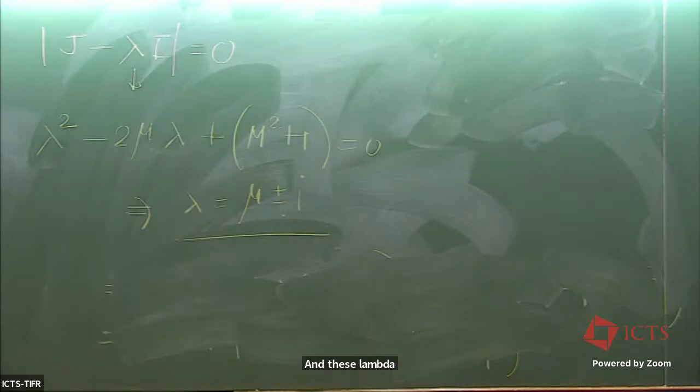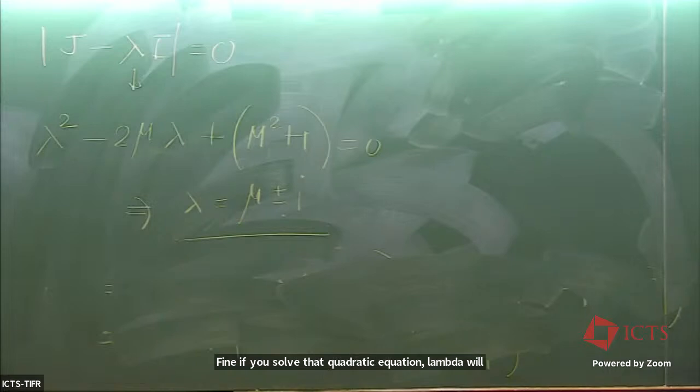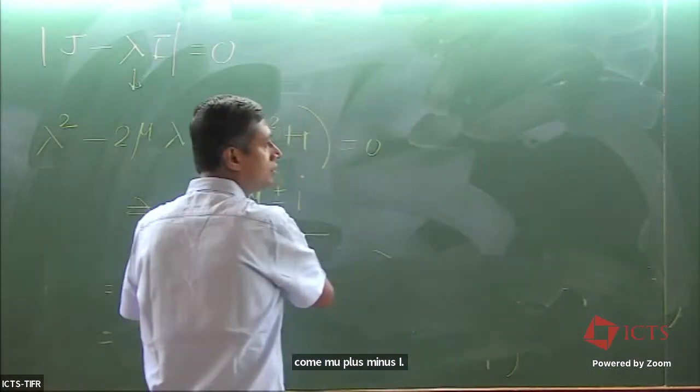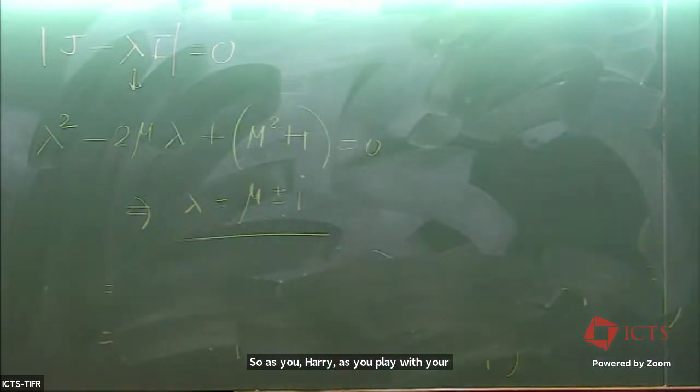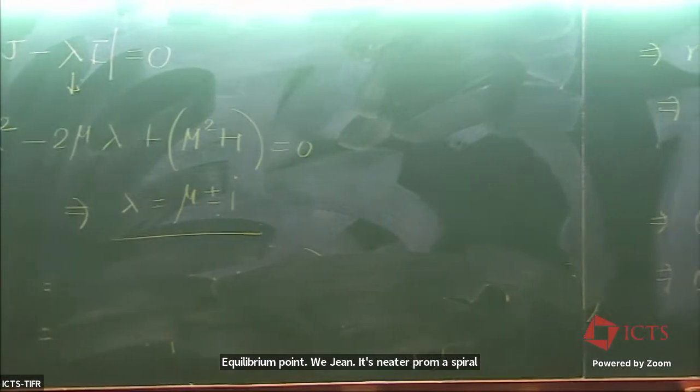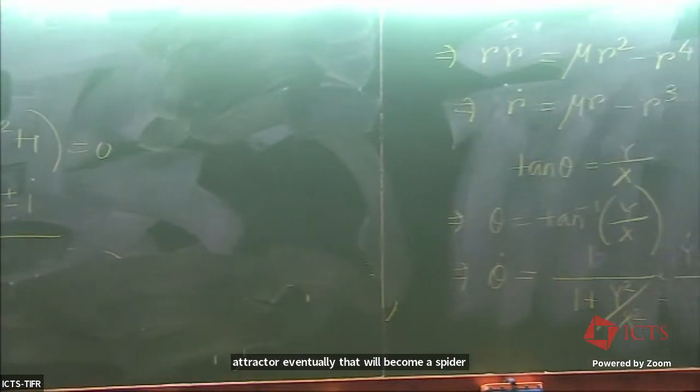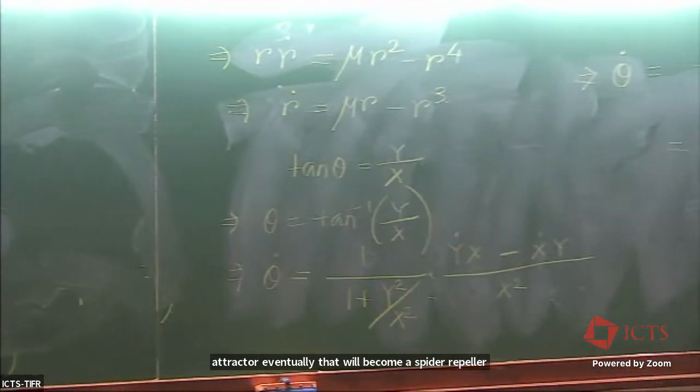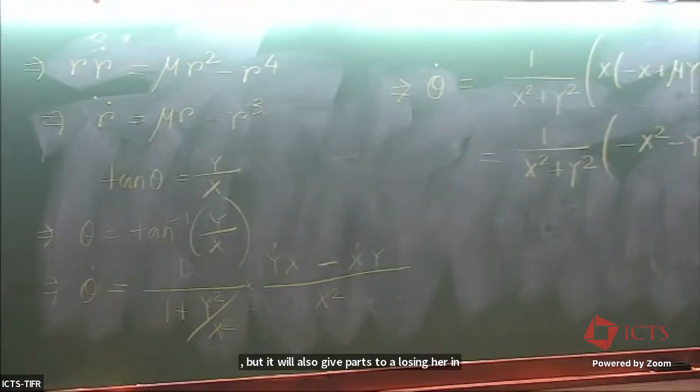Fine. If you solve that quadratic equation, the lambda will come mu plus or minus i. So as you play with your mu, the equilibrium point will change its nature from a spiral attractor to a spiral repeller, but it will also give birth to a closed invariant curve, right?